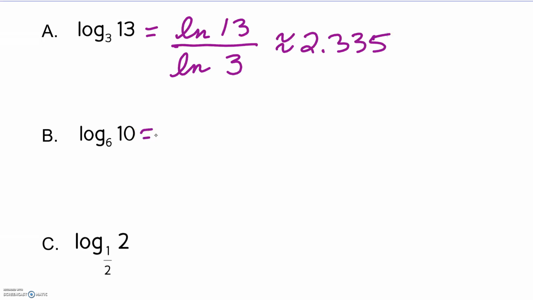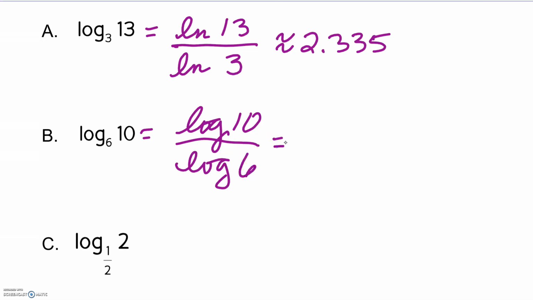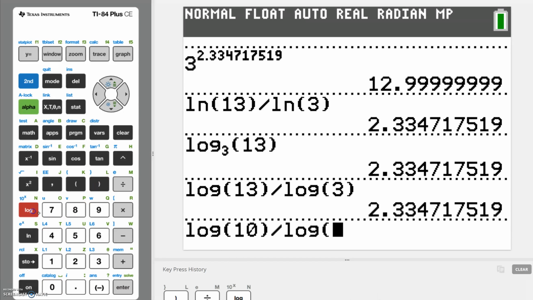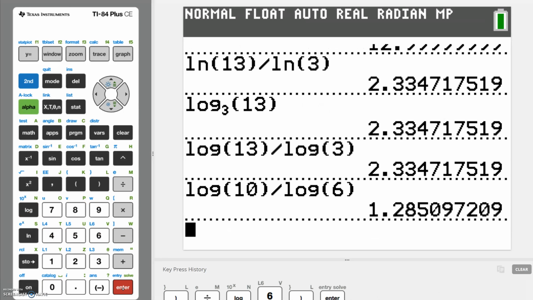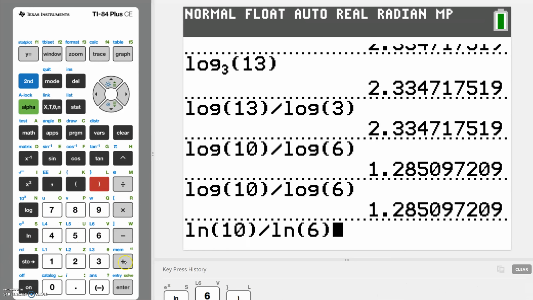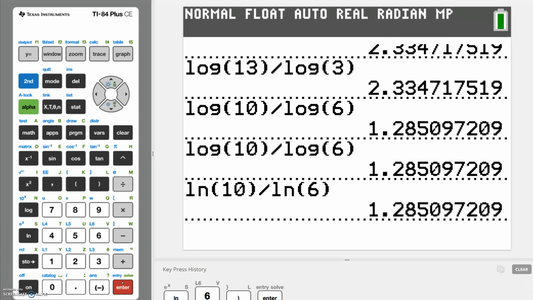And then you would do these other two the same way if you're trying to find log base 6 of 10, log of 10 over log of 6. Again, it does not matter what base you use. You can use natural log or common log. So log of 10 divided by log of 6, 1.285, or natural log of 10 divided by natural log of 6, same result.